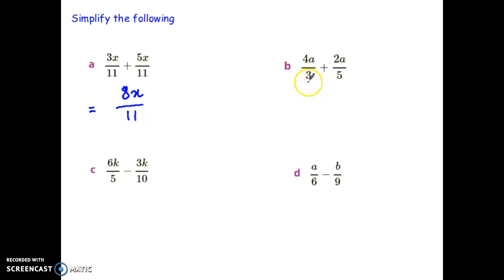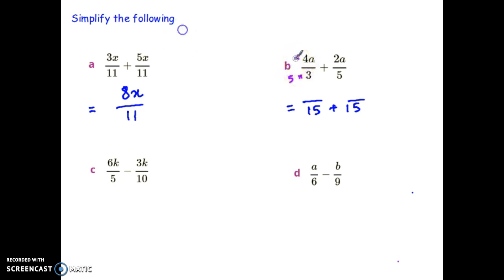For part B, we've got a 3 and a 5, a common denominator. The lowest common denominator, the lowest number that 3 and 5 both go into, is going to be 15. So change both denominators to a 15, and then think, what have I scaled my 3 up by? I've multiplied by 5.